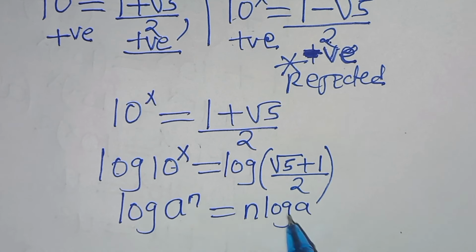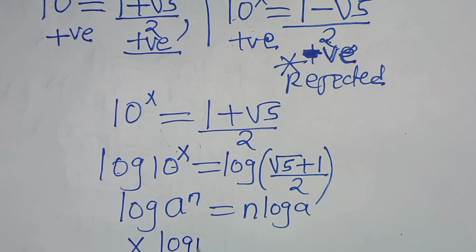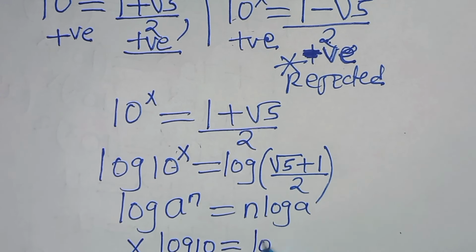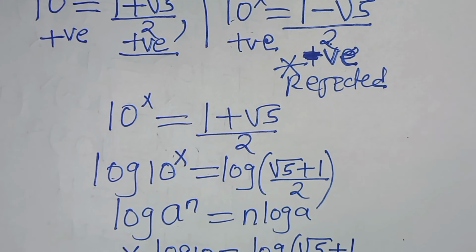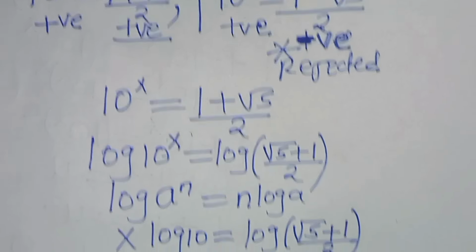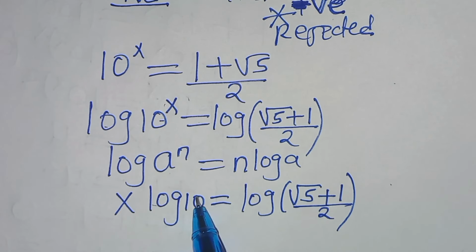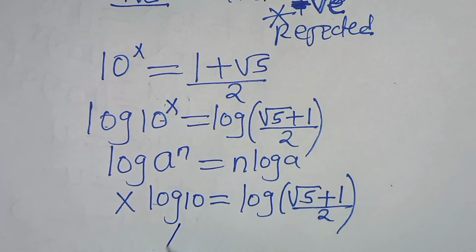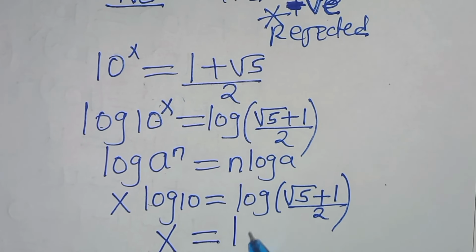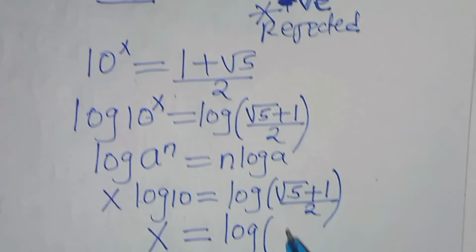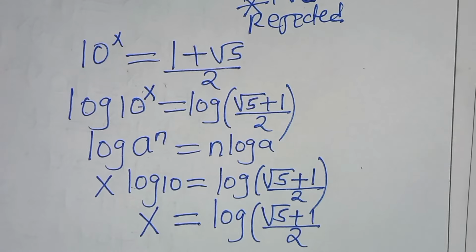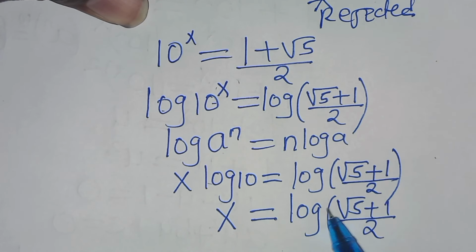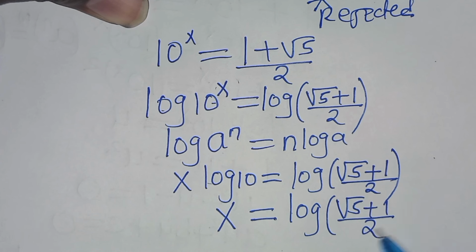Applying this power rule, we can express log 10 to the power x as x log 10, equal to log of square root of 5 plus 1 over 2. Now log 10 to base 10 is 1. So here we have x equal to log of square root of 5 plus 1 over 2.